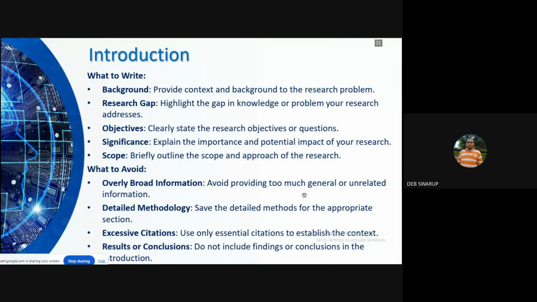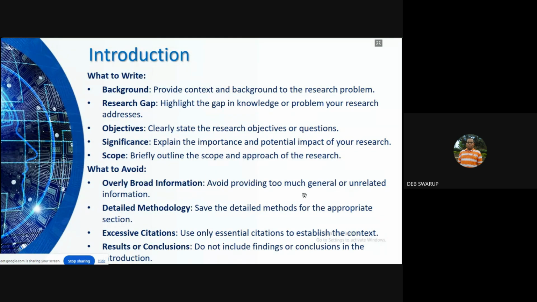So good researchers write very little background, and they cite papers there, so that if anybody wants to learn more, they can go and read that particular research paper. So there is no need to put excess broad information in the paper.